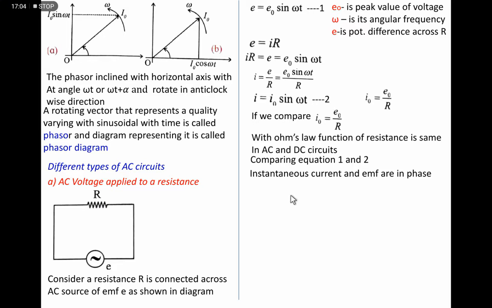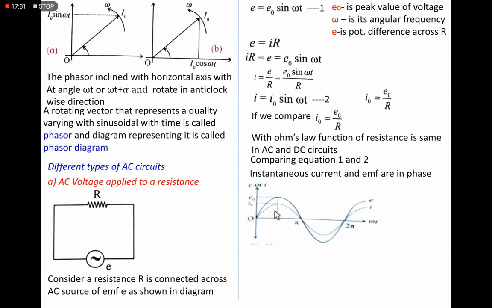Now if we compare these two equations, both are sinusoidal, the EMF and the current in the AC circuit or AC resistive circuit, both are in phase. Therefore we can plot the graph. Current is sinusoidal, EMF is sinusoidal.